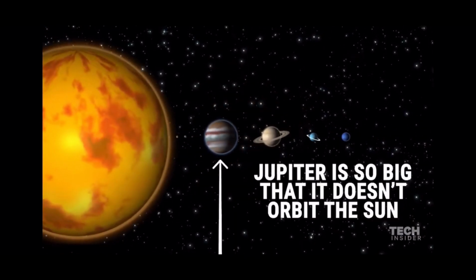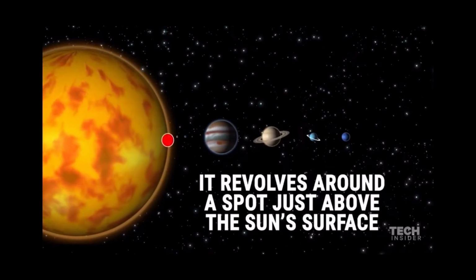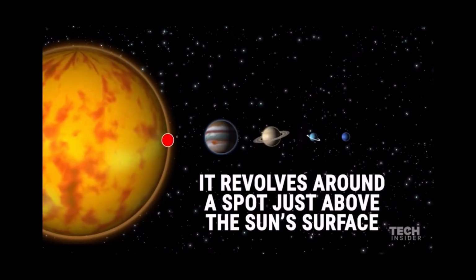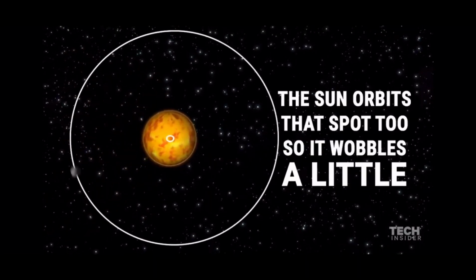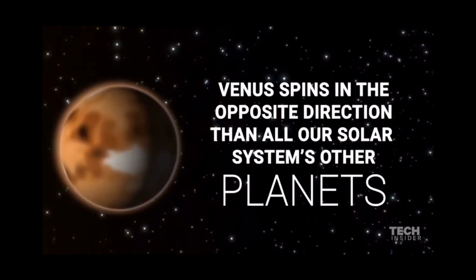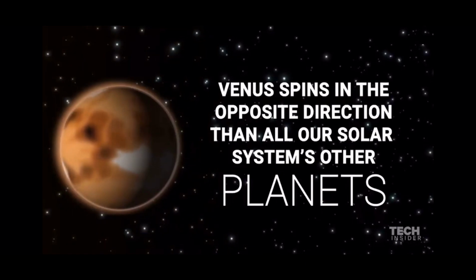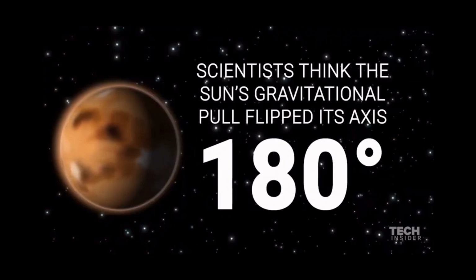Jupiter is so big that it doesn't even orbit the Sun. It revolves around a spot just above the Sun's surface. The Sun orbits that spot too, so it wobbles a little. Venus spins in the opposite direction than all the other planets in our solar system. Scientists think that the sun's gravitational pull flipped its axis 180 degrees.